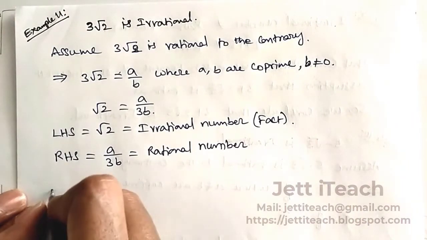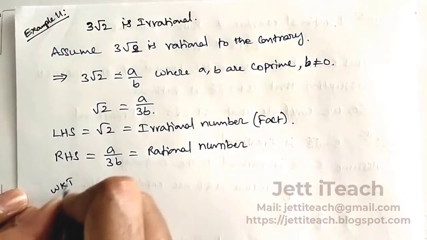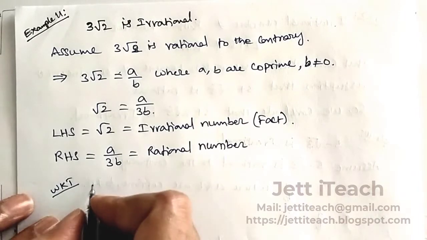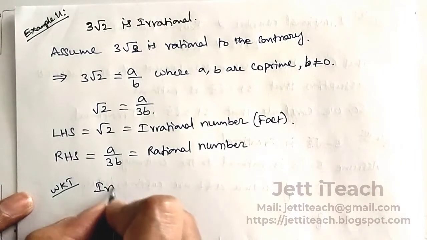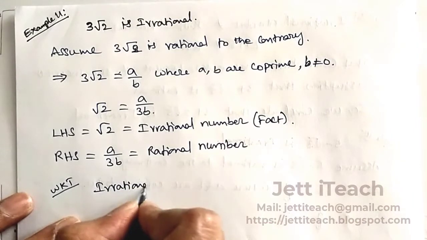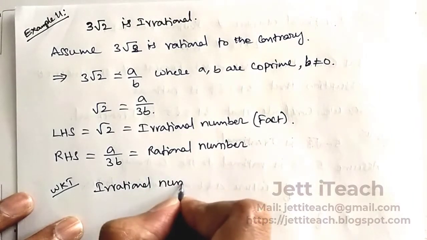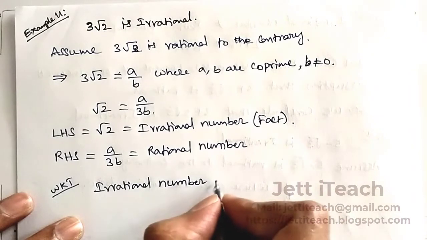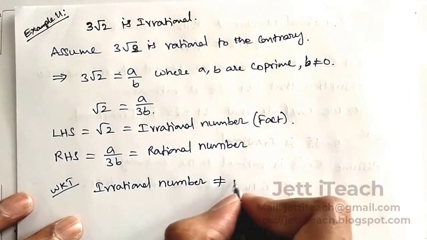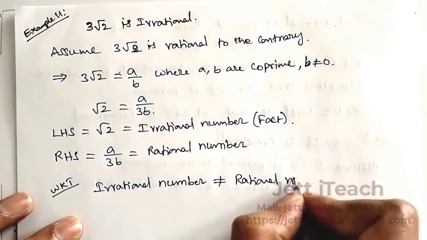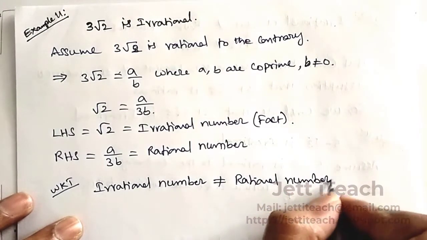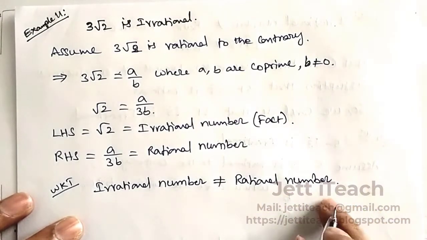Now we know that an irrational number is not equal to a rational number. We know this one.